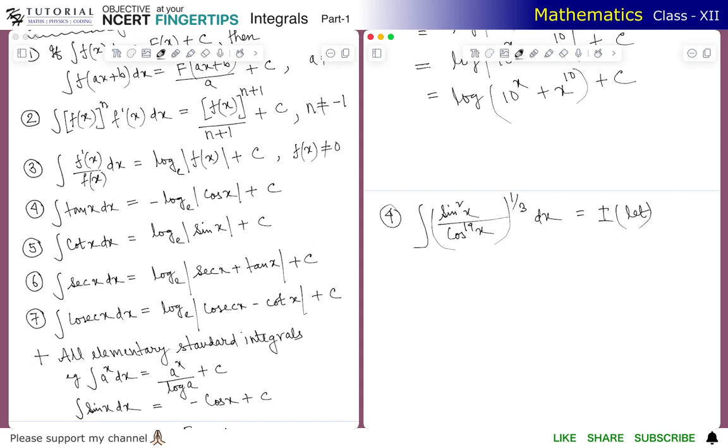Now, to solve integrals which contain only sin x and cos x and some power, either together or as a rational function, I think most of the time we need to substitute cos x equals t or sin x equals t.